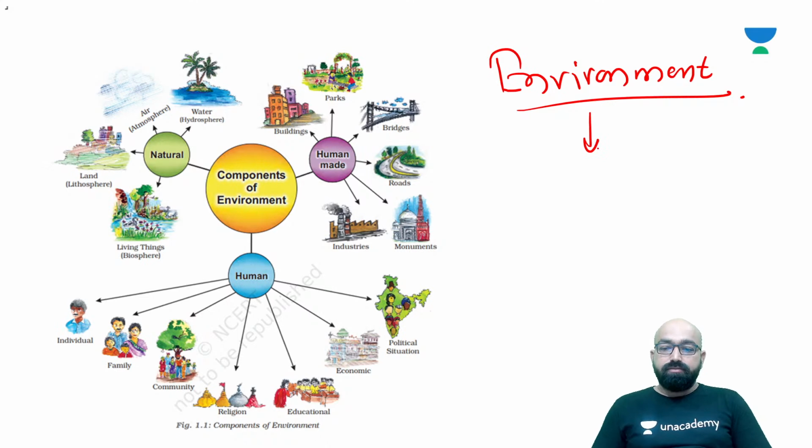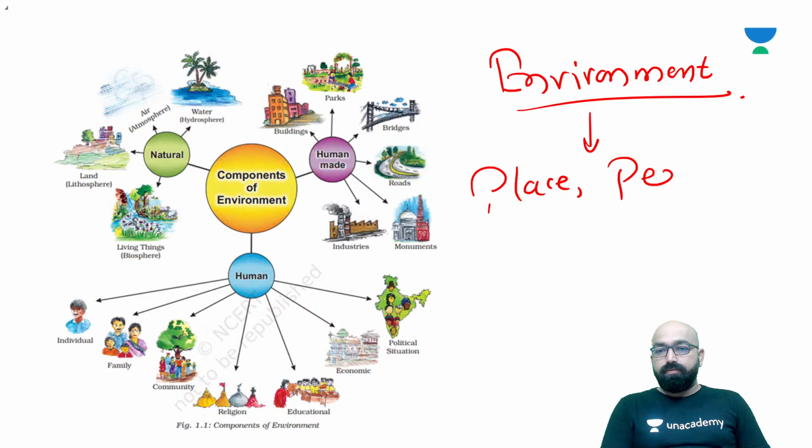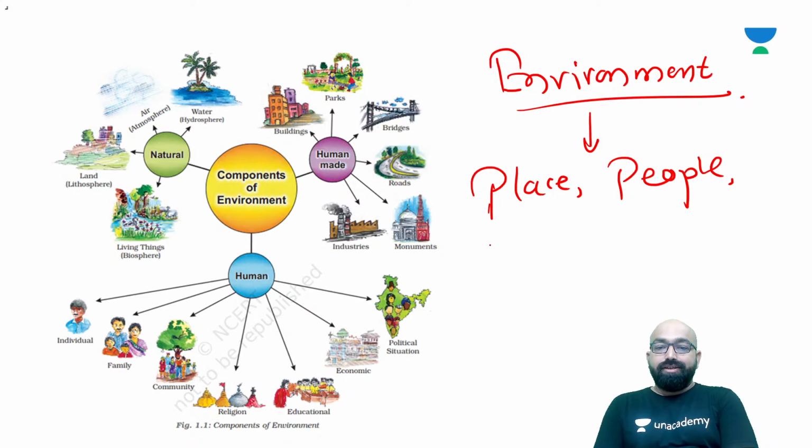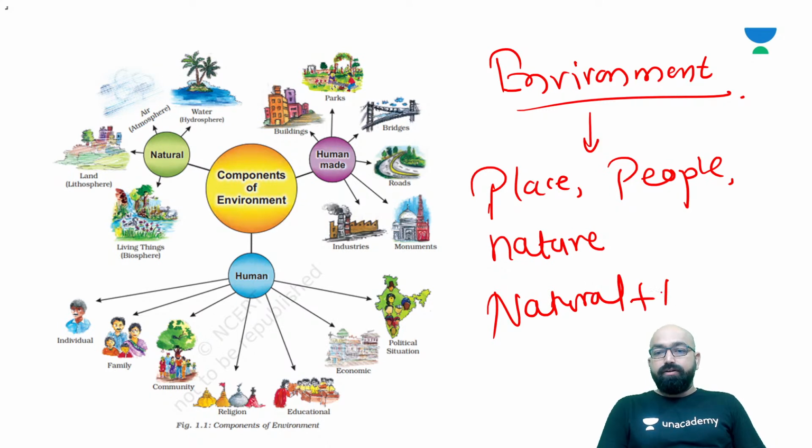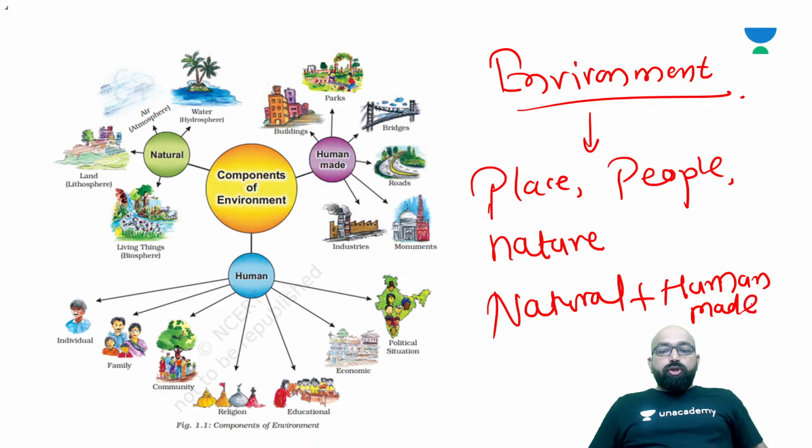So friends, the place, people, things, and nature that surround any living organism is called environment. So it is a combination of natural and human-made phenomena.